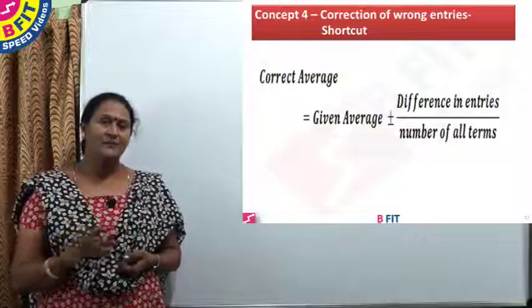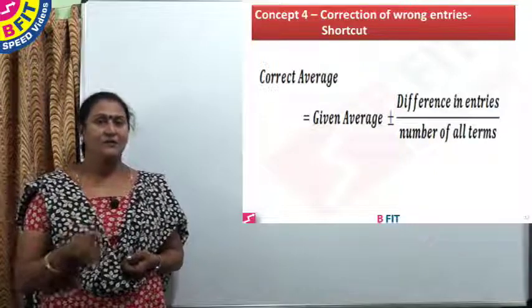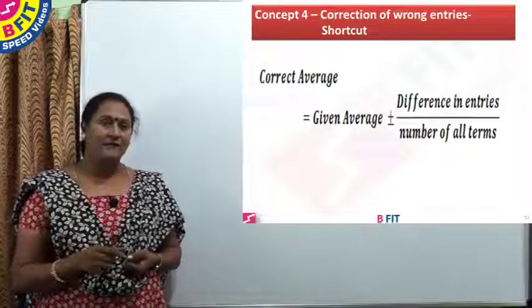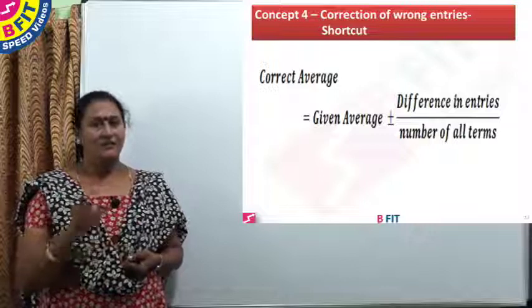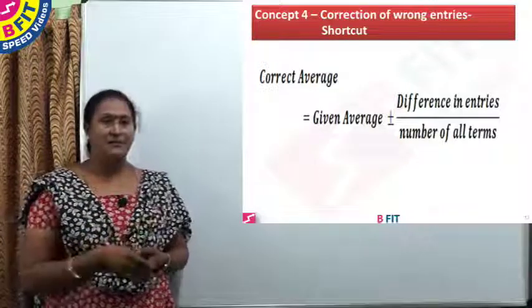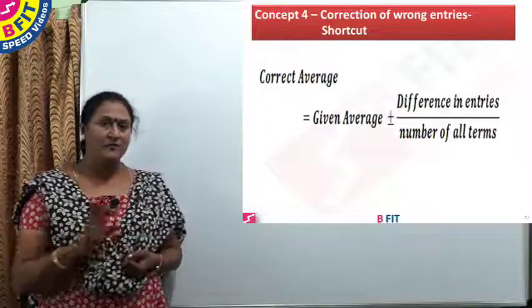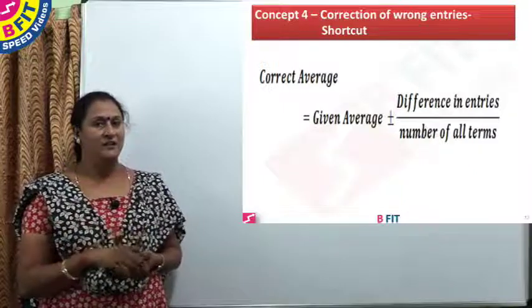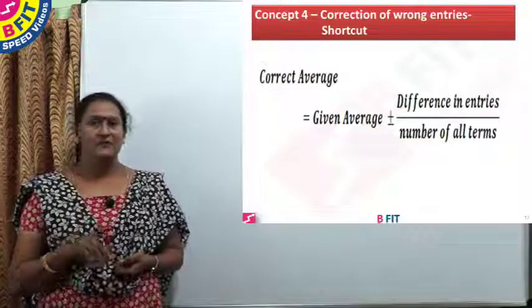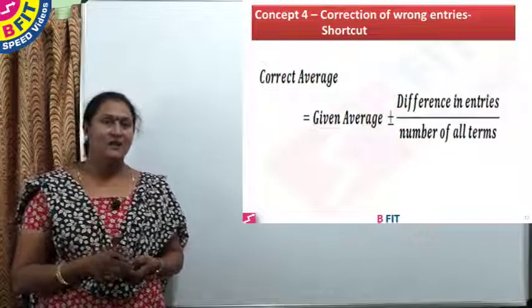Suppose the correct sum is lesser than the overall sum of wrong entries, then we take minus and the correct average will be lesser than the given average. And in this case, as we are replacing the terms, the number of terms will always be the same. The value of n doesn't change. So now we'll see the next concept, alligation.